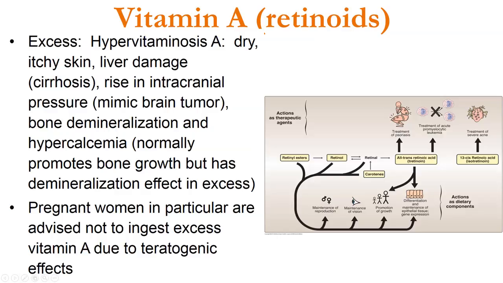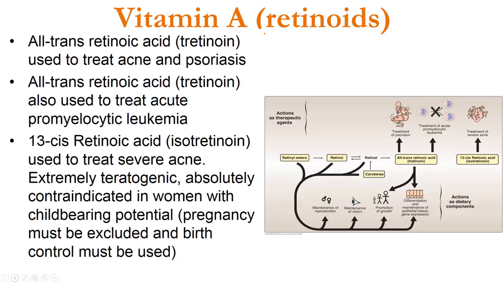Now, vitamin A in particular, pregnant women are advised not to take in excess vitamin A because it's absolutely teratogenic. That means it will absolutely cause malformations in the fetus. So that's something you've got to be very careful of.